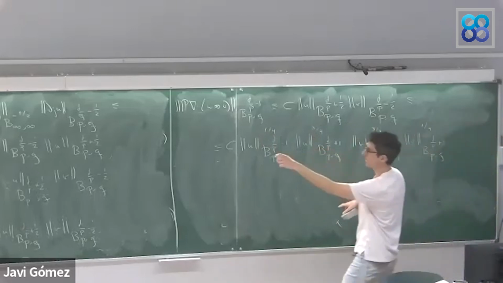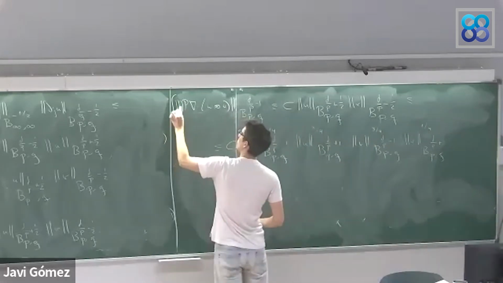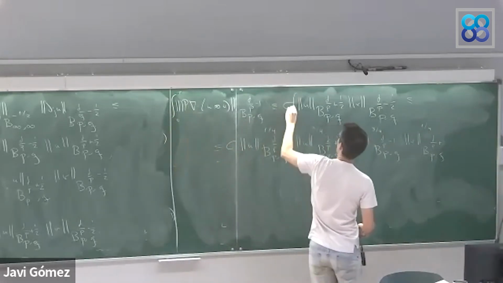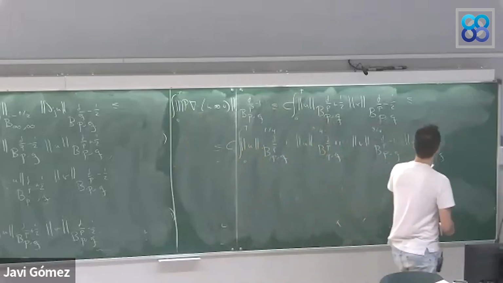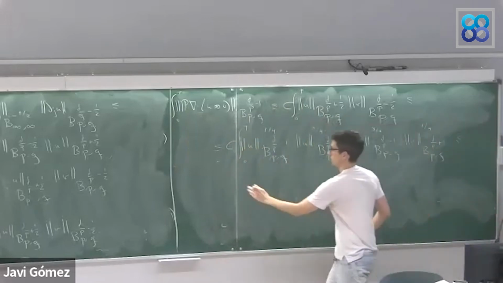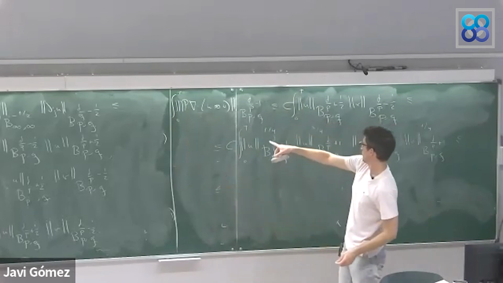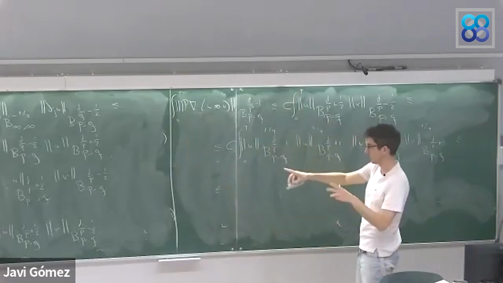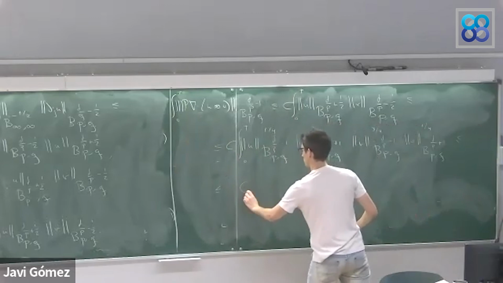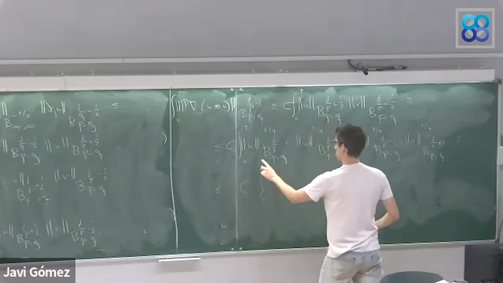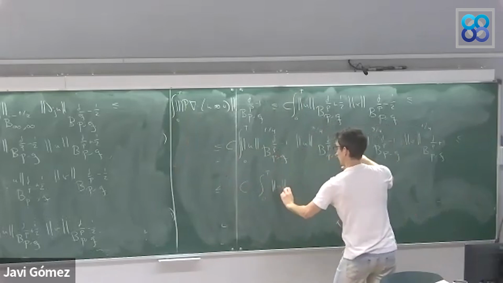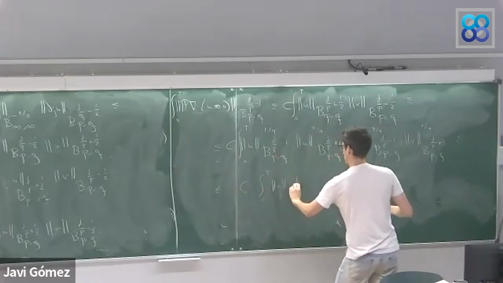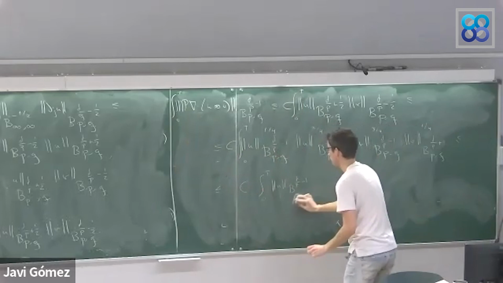Now we take the L1 norm. And now we do L4 on the dual one. So C integral. Let's put this in L4. So U B -1.